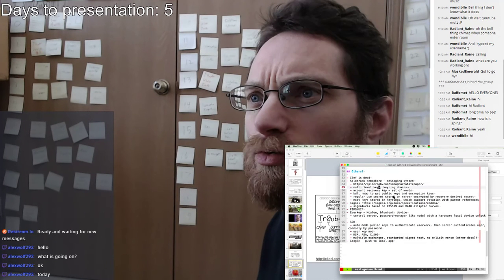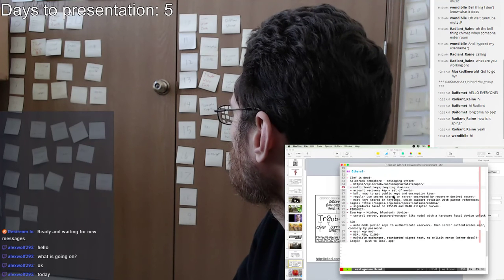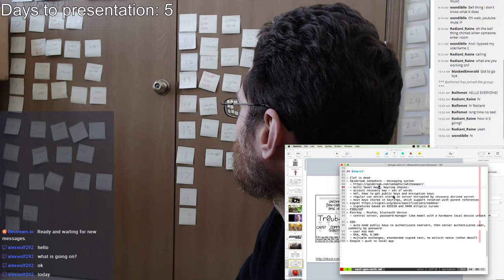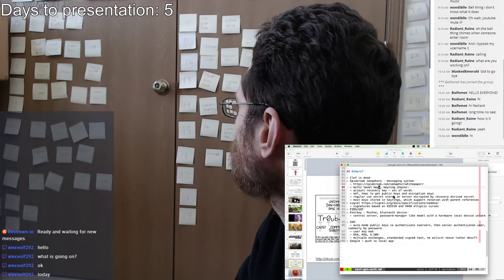Alright, so this is something we're probably going to have to touch multiple times. So this has to be touched with public keys.